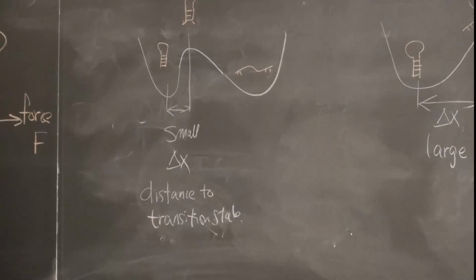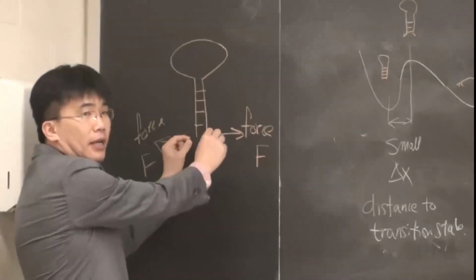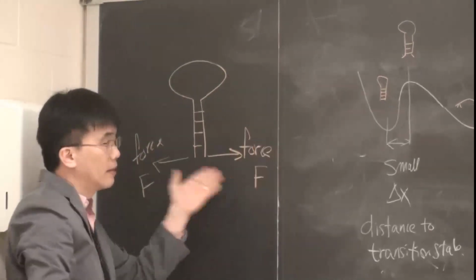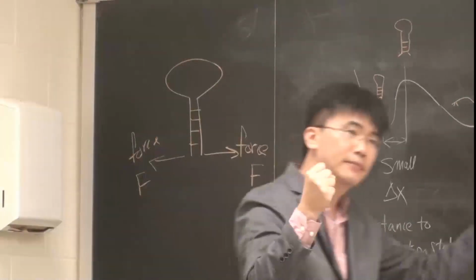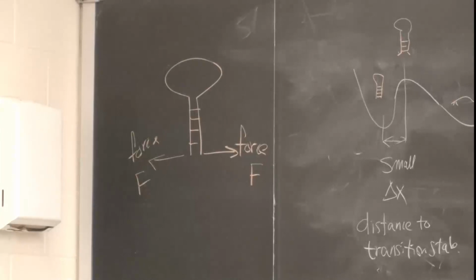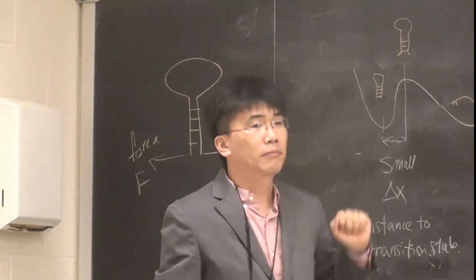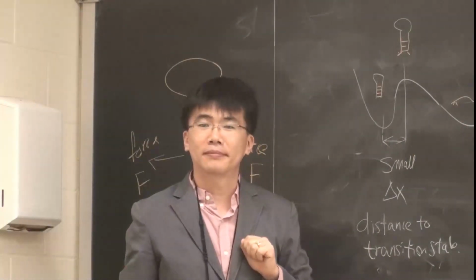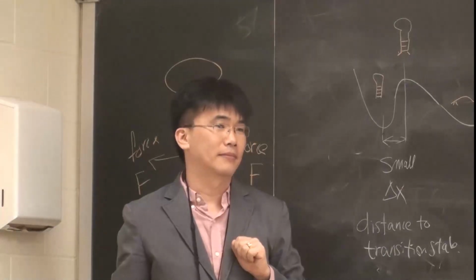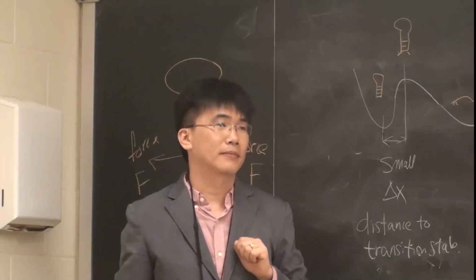Imagine that, in some magical manner, you can grab the 2 ends of the DNA hairpin and then apply a force of magnitude F. Then, which of the 2 states will be preferred? The open structure. Why?